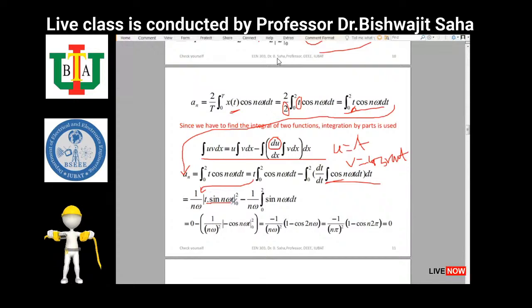Minus 1 over n omega, integration of sin n omega t dt. The first part, you can see 1 over n omega, the t value is 2 pi, sin n omega 2 pi.